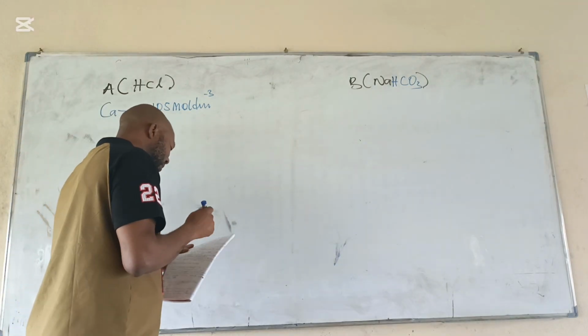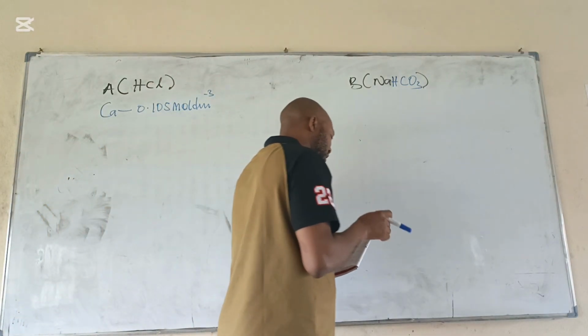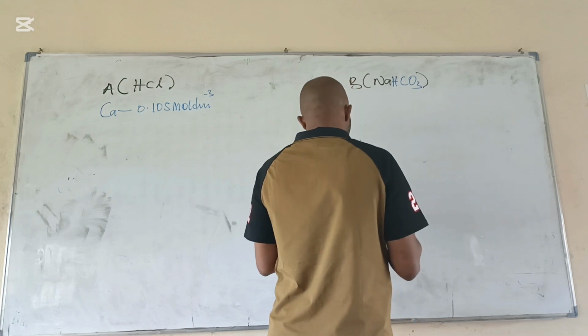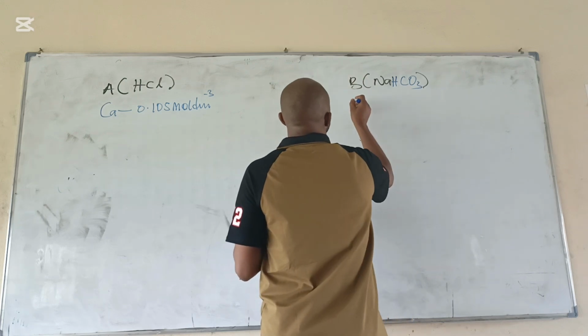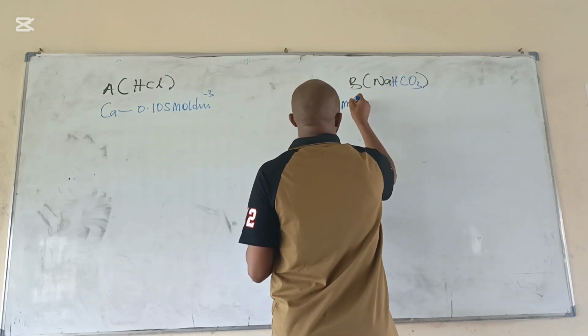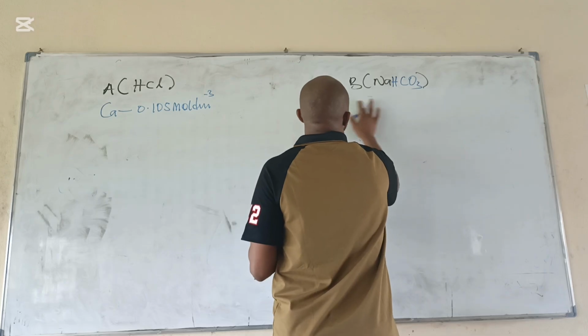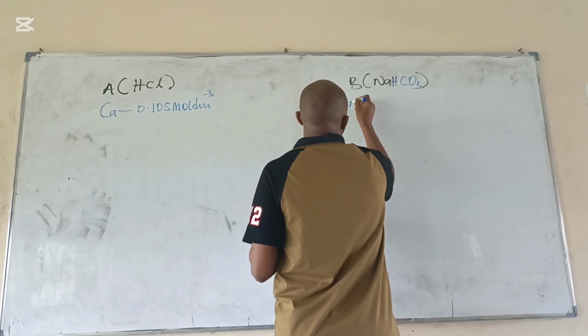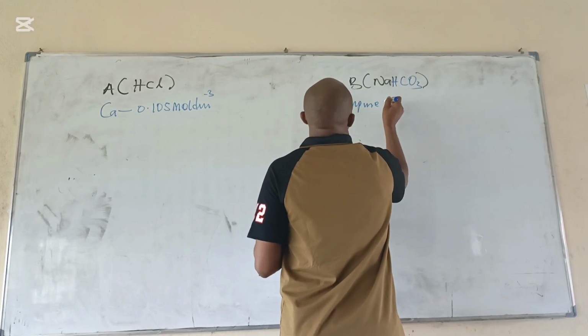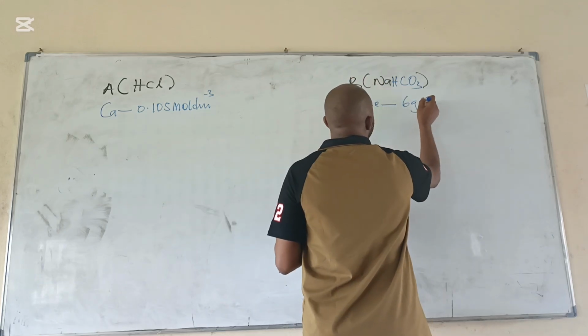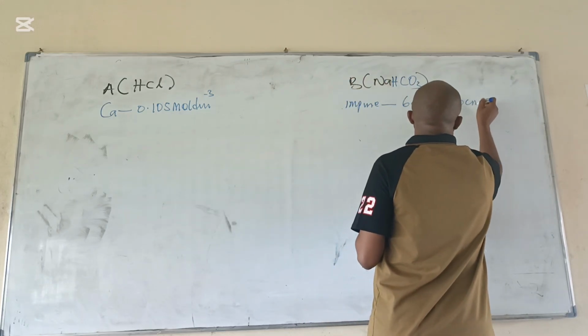B is 6 grams of baking powder in 100 cm cube. This is the mass concentration of impure sodium hydrogen trioxocarbonate(IV). So let me call it impure. Let's say it's 6 grams in 100 cm cube.